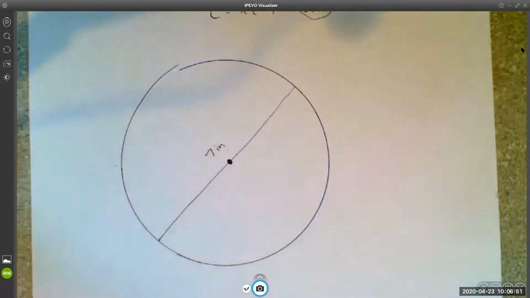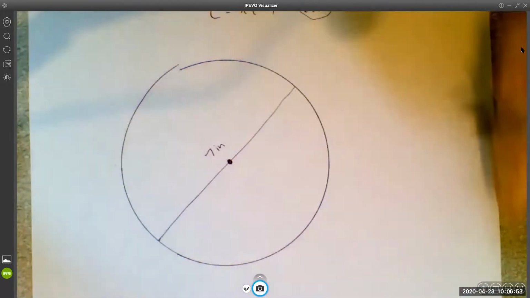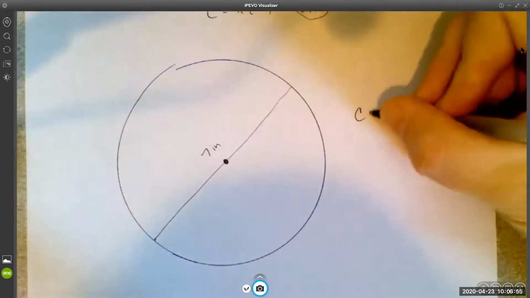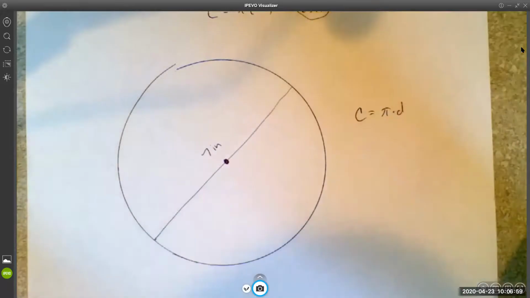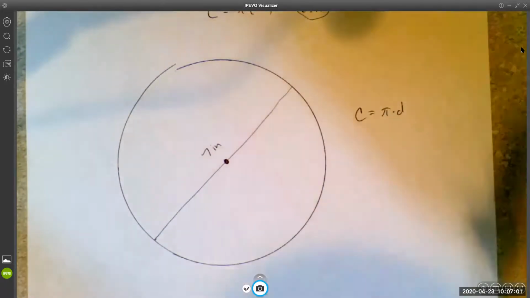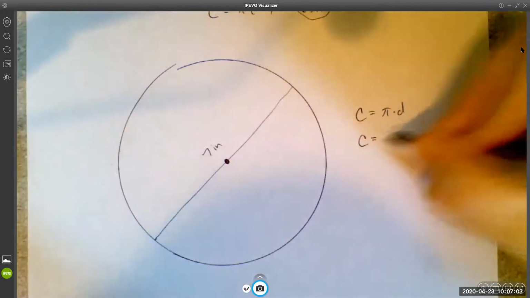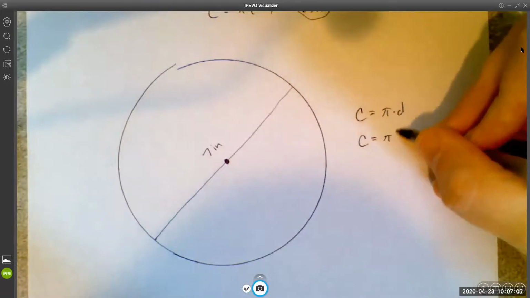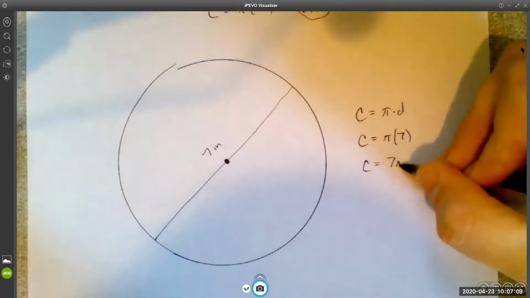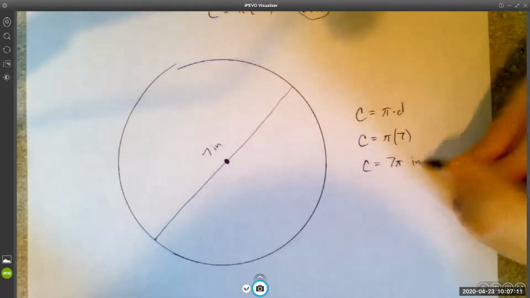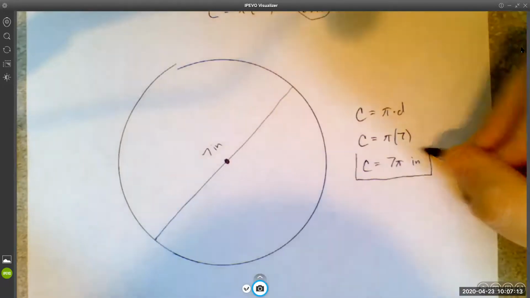Here's my solution. The circumference of this circle is pi times diameter. In this case, that's pi times 7, or in other words, 7 pi. So the circumference is 7 pi inches. That's my exact answer.